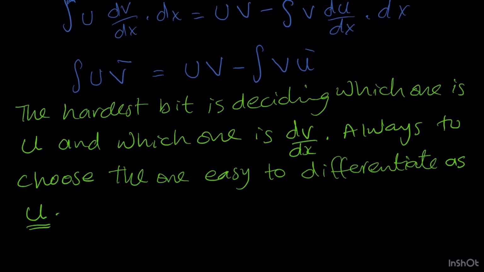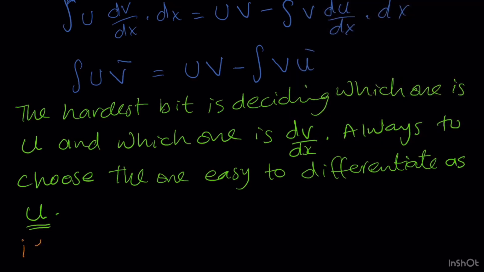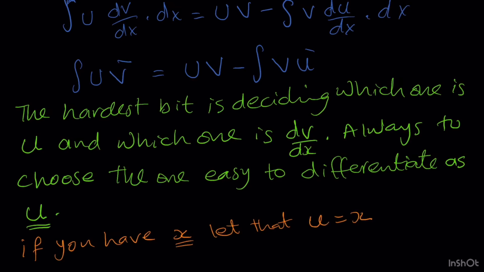So if you have x, for example, let u equals x, because du over dx equals 1. So it won't make a mess in our question.